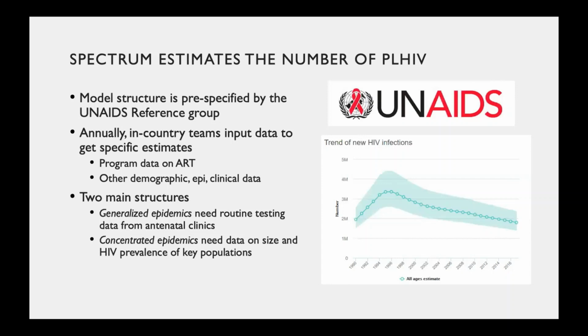Generalized epidemics generally need information from routine testing for HIV, generally from antenatal clinics. Whereas concentrated epidemics require data on key populations, such as men who have sex with men, sex workers, and injection drug users, including how large these populations are and what the HIV prevalence is in that group. And yeah, I'll hand it back over to Joanna.